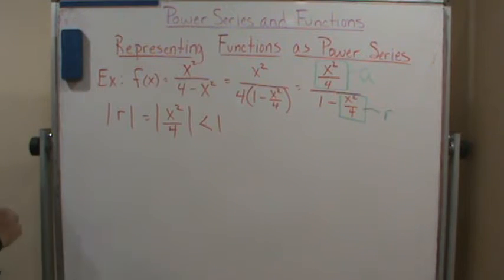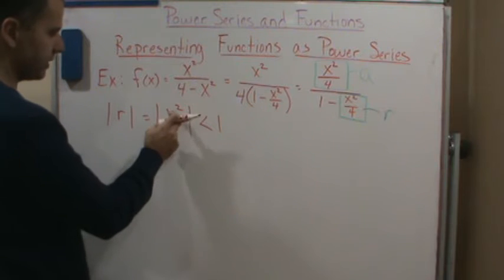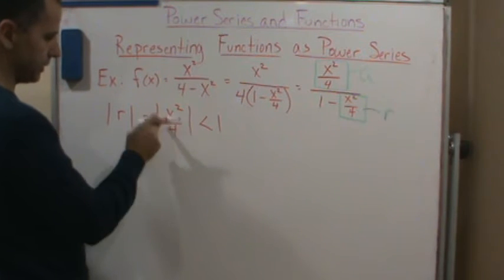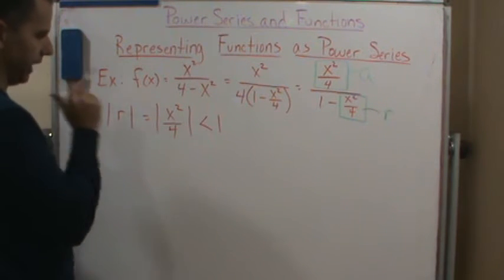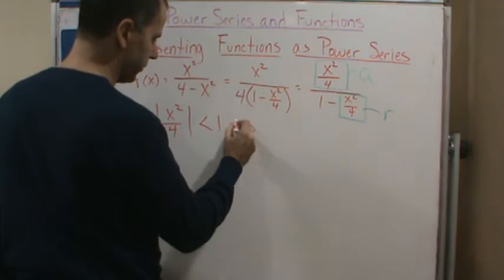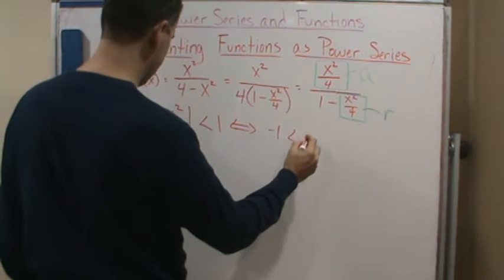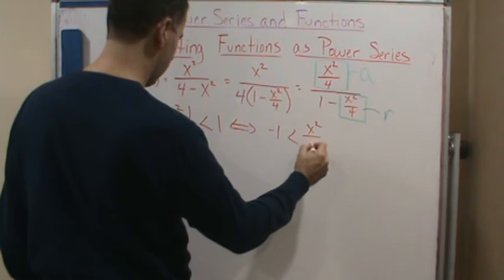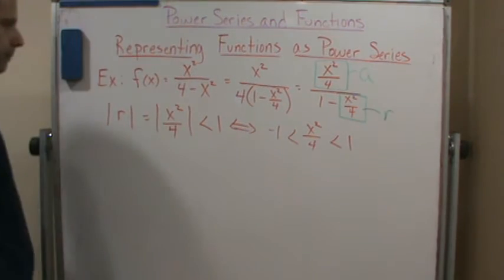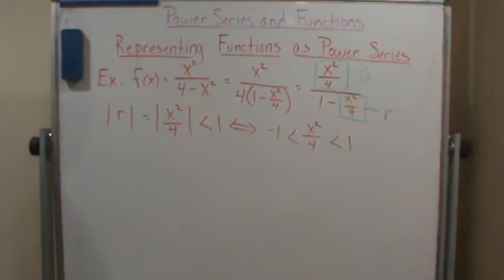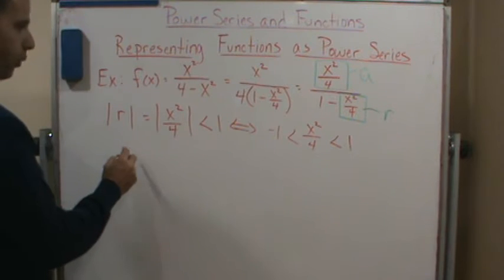Okay? Now, since this is always positive, and this is obviously positive, I can drop the, well, no, I don't want to drop the absolute values just yet. Let me rewrite it this way. This means that negative 1 is going to be less than x squared over 4, which is going to be less than 1. Now I'm going to multiply both sides by 4.